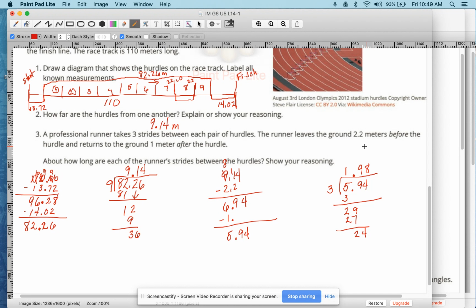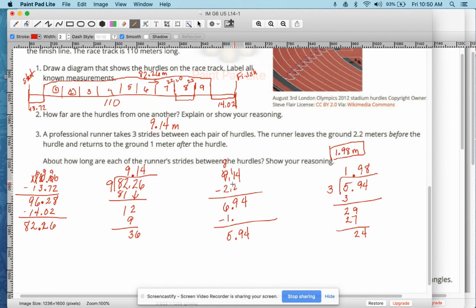So how long are the runner's strides between hurdles? They are 1 and 98/100 meters long. And that is how it says, show your reasoning. I just showed you all of my work. We started with the distance between the hurdles.